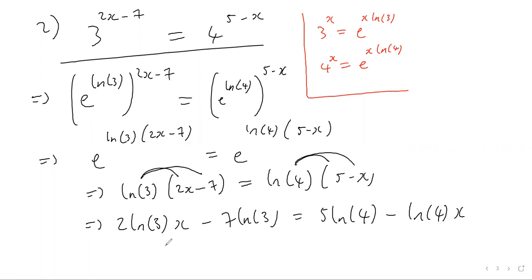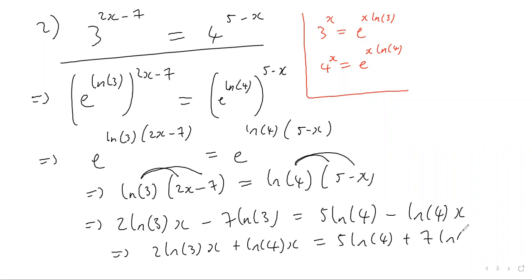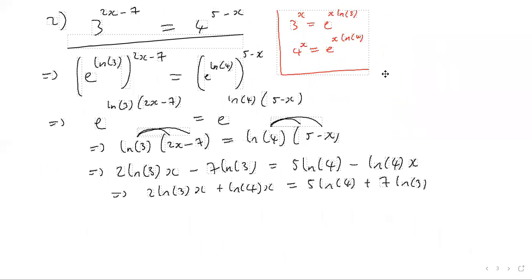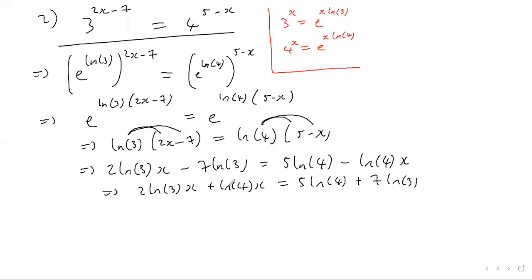So you just want to make x the subject of the formula. We can do this by adding the ln 4 x to both sides and adding this 7 ln 3 to both sides. So we get 2 ln 3 x plus ln 4 x is equal to 5 ln 4 plus 7 ln 3. And then lastly, we can factorize out the x.